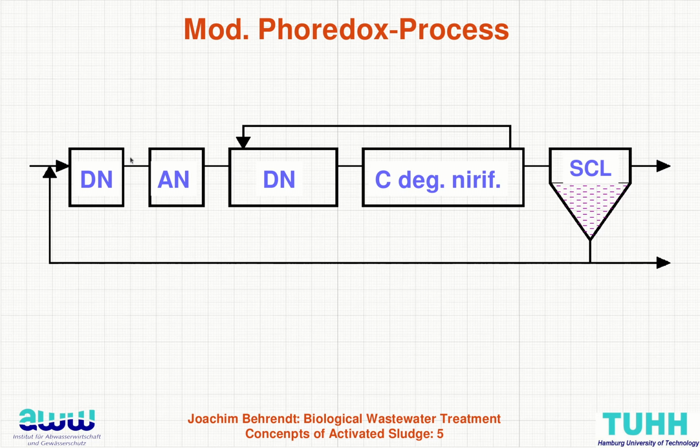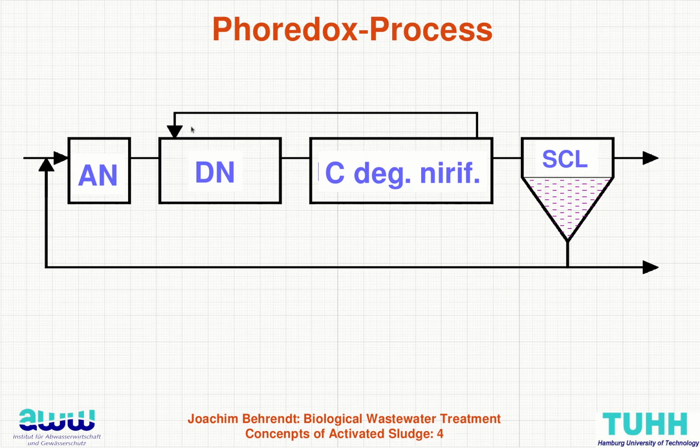Finally the denitrifiers are already removing easily biodegradable components, and this first stuff, the fatty acids, also finally the stakes for the bacteria are already reduced when the water comes to the anaerobic reactor. Therefore I think this is not done. The Phoredox process, this is often done.